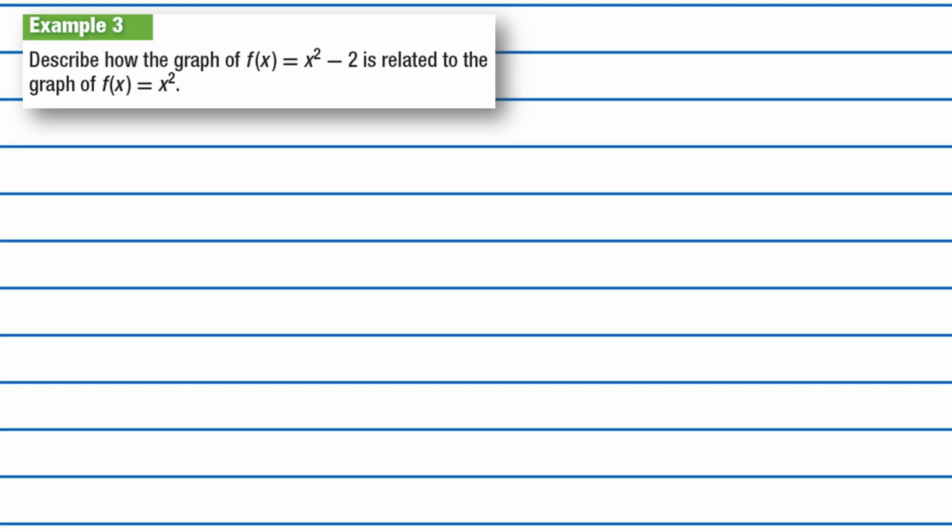But let's go ahead and try example 3. We want to describe the graph of f of x, which is equal to x squared minus 2, and say how it's related to the graph of f of x, which is equal to x squared. Well, for this one, I'm going to go ahead and rewrite it. f of x is equal to x squared minus 2. This is our normal function here. But this negative 2 is actually a c, and the c represents a translation.